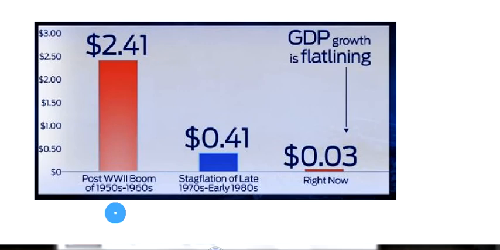For every dollar that we borrowed, not just the government, but across all sectors, personal, government, business, we produced $2.41 of GDP. In the 70s and early 80s, for every dollar that we borrowed as a nation, we generated 41 cents of GDP. And right now, for every dollar that we borrow as a country, we're only generating 3 cents in GDP. Now, this is where all your jobs are going, okay?